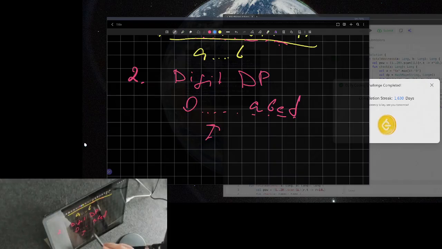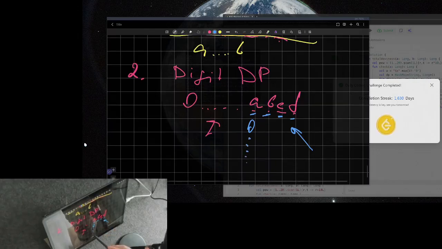With digit dp, you just iterate over each digit of the maximum of this range, assuming that each digit can range from 0 to 9, and from the current digit, the next would also range from 0 to 9.